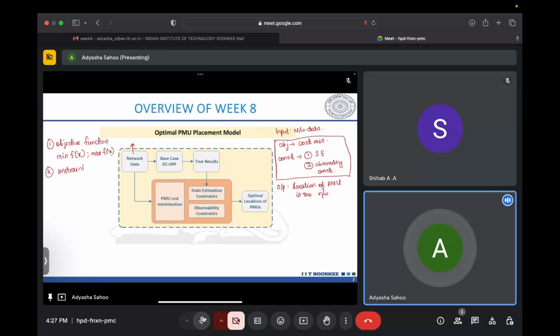Now the constraints can be majorly divided into two categories: equality and inequality constraints. In the equality constraints, from the power system point of view, can you give me an example of an equality constraint?